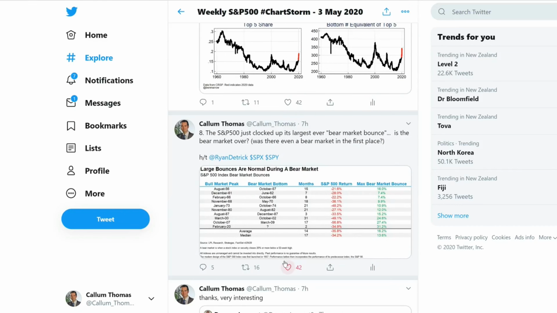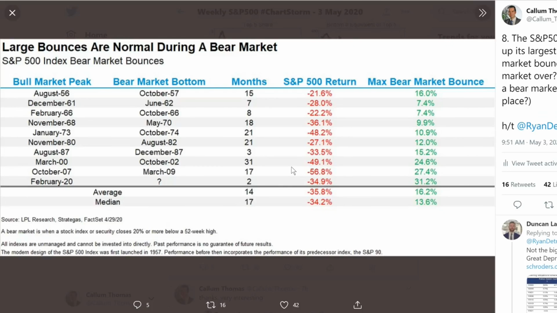Moving on, number 8. S&P 500 just clocked up its largest ever bear market bounce. Is the bear market over? Was there even a bear market in the first place? So it's an interesting table here. So the current collapse and then rebound.